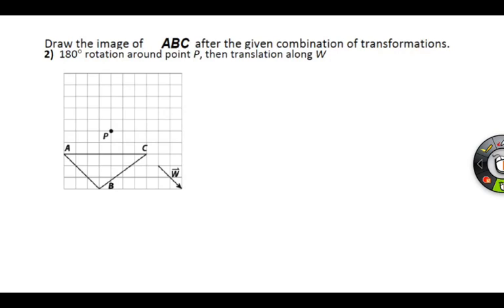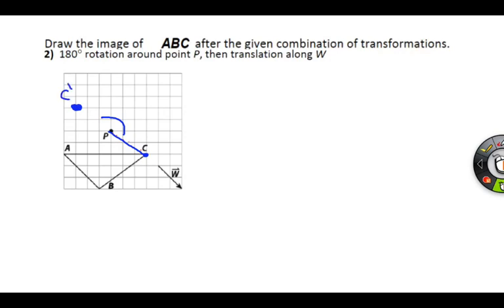First, a 180 rotation about point P. Each of these vertices is going to be rotated 180 degrees, and exactly this number of units is where it would be on the other side of P. That distance looks like about right here, same distance, so this would be C prime.